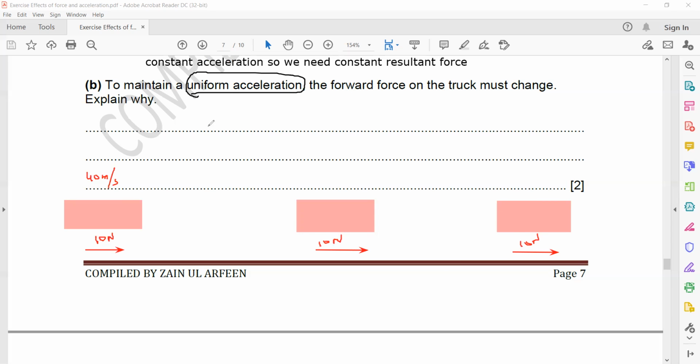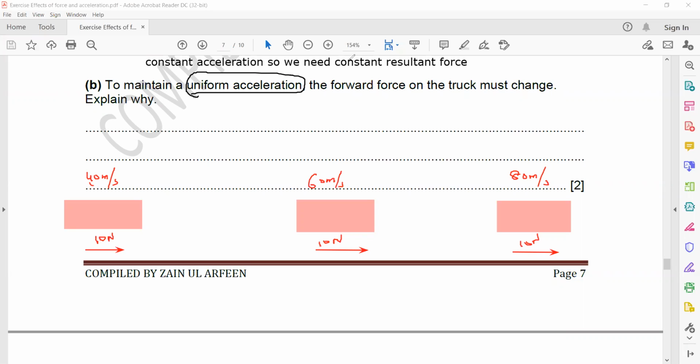But because this object is accelerating, the speed will increase. So if it is 40 here, then it will be, for example, 60 meters per second, then 80 meters per second, because there is a resultant force. So there will be an acceleration, and we want a constant change in speed. First the speed was 40, then it becomes 60, then it becomes 80.